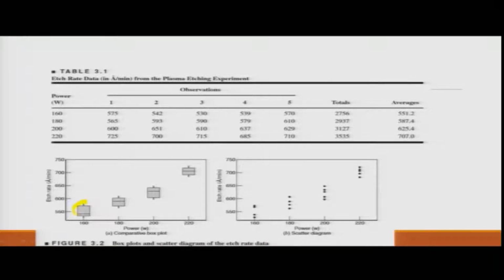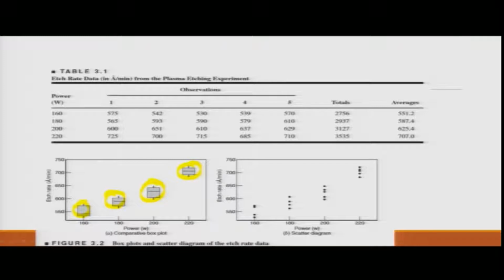These are the box plots for 160, 180, 200 and 220. I will just highlight it first here and then go into the next diagram, which is for the power with respect to the etch rate, where you are doing the scatter diagrams. Let me check the color. Yes.